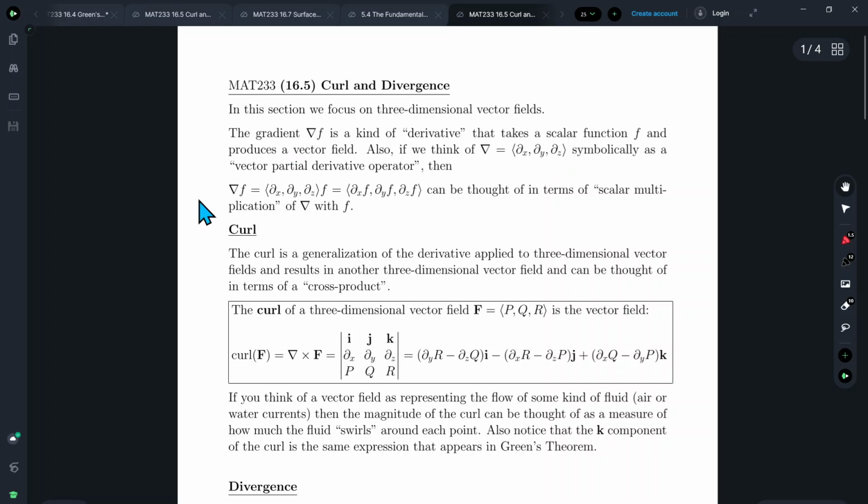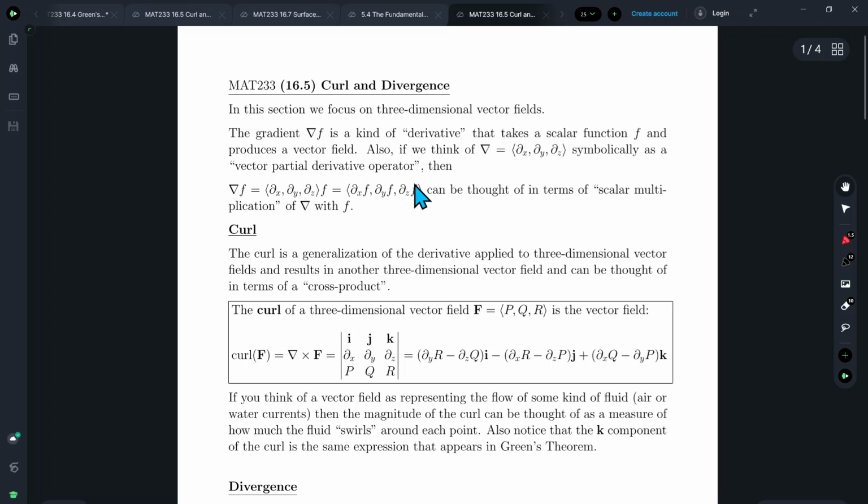So, for example, if you write del f like this, we think of del as, again, a vector and f as a scalar function. So writing del next to f can be thought of as kind of like scalar multiplication. So here, to scalar multiply, each partial derivative needs to be applied to the scalar f.